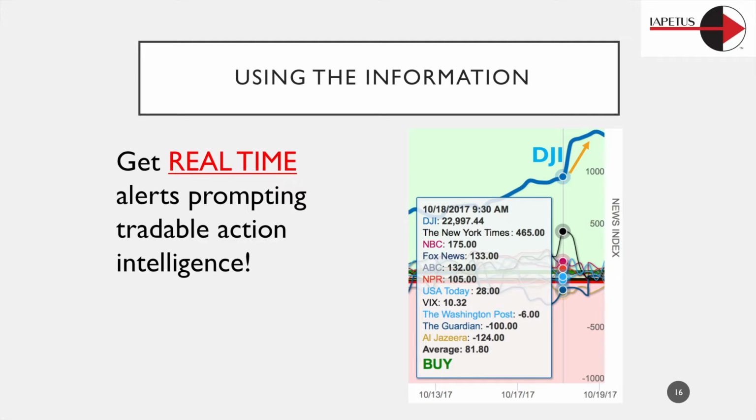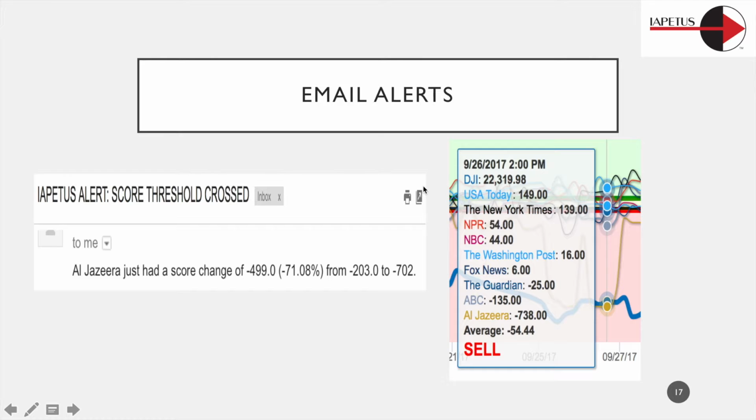This is a real-time tool. So we're averaging these all out, meeting a threshold: buy, hold, sell. And this is the Dow Jones Industrial bar here, and that's what it did in that example.